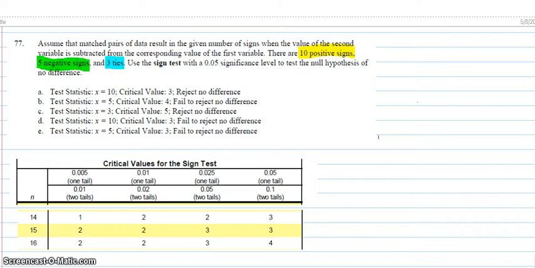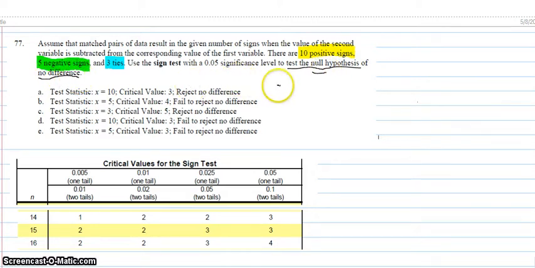And it's telling us to use a sign test with a 0.05 significance level to test the null hypothesis. Null is the key word of no difference.